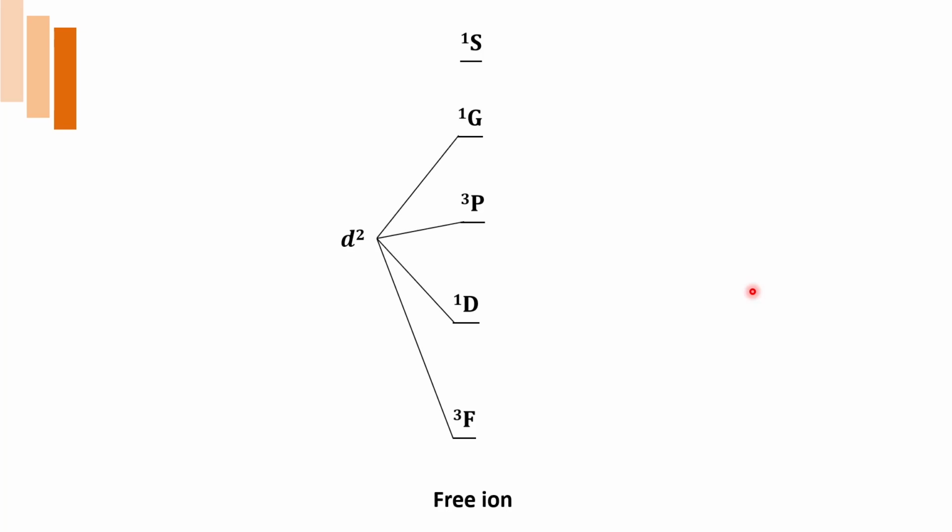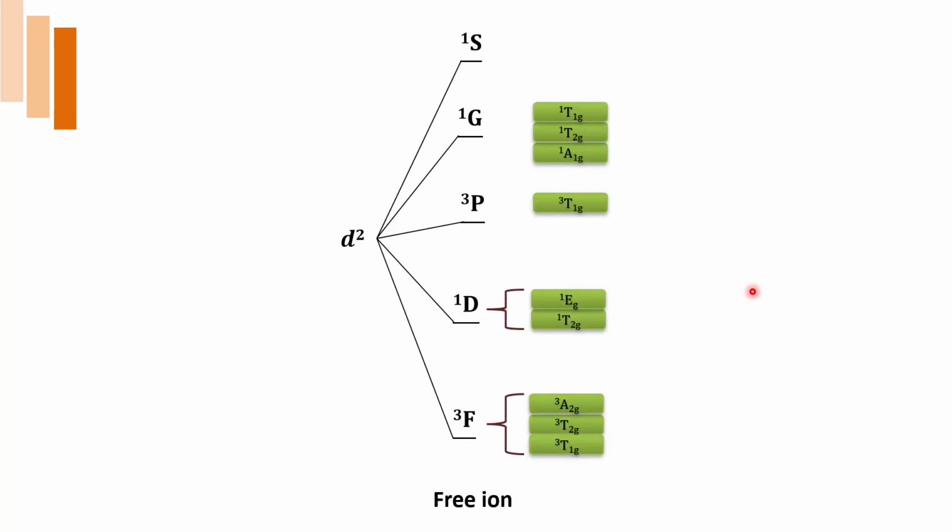What it means is, the states for d2 ions, we have discovered under weak interaction for a free ion. There are possibly 3F, 1D, 3P, 1G and 1S. And as a matter of fact, these have been determined with relative energies because they have been displayed in terms of their energies. So the relative energies are now in terms of their experimental values.